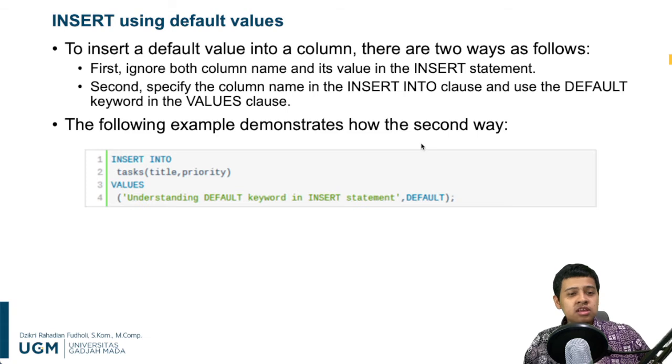So we ignore the column name, which is just not doing anything on the column. The second one is we specify the column name in the insert into clause, over here, and use the default keyword in the values clause, just like this one. So this is the second way. We put the priority as default with the default keyword.